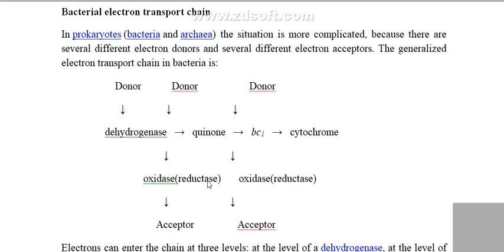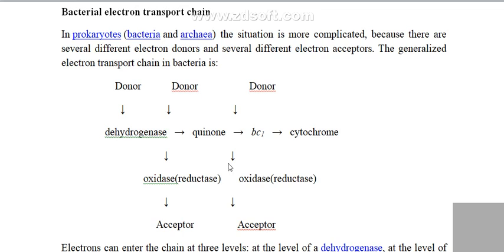or reductases. When the ETC takes place in aerobic condition, the last electron acceptor is oxygen. Here the oxidase enzyme is undergoing the oxidation process in which O2 is converted to a water molecule. So the last electron acceptor when using oxidases is an oxygen molecule, and the protons form a water molecule.